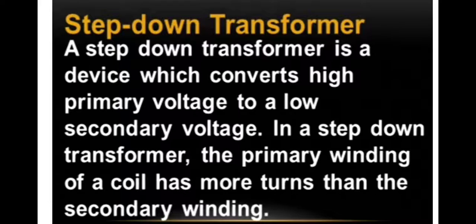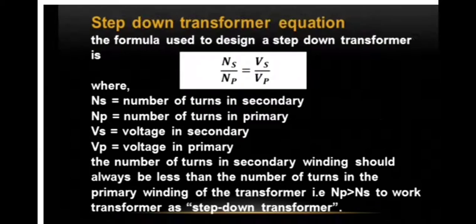A step-down transformer is a device which converts high primary voltage to a low secondary voltage. In a step-down transformer, the primary winding of a coil has more turns than the secondary winding. The formula used to design a step-down transformer is Ns divided by Np is equal to Vs divided by Vp.